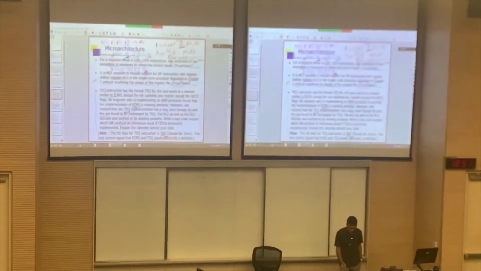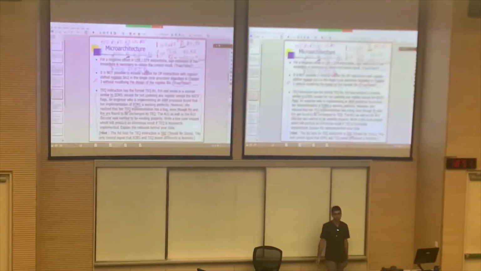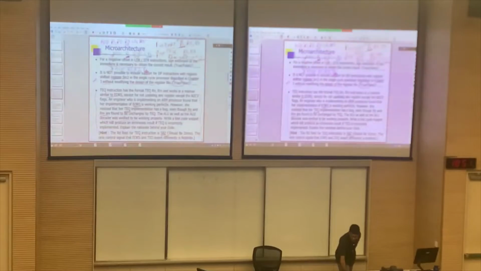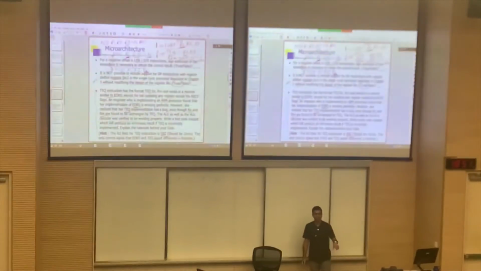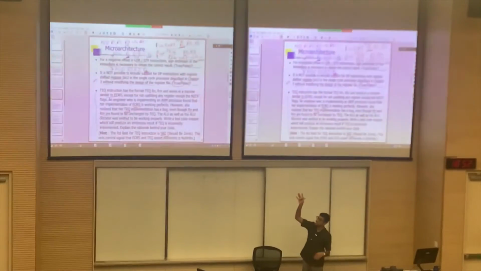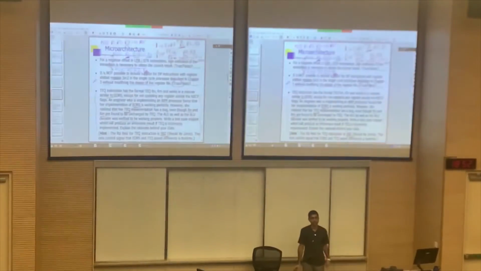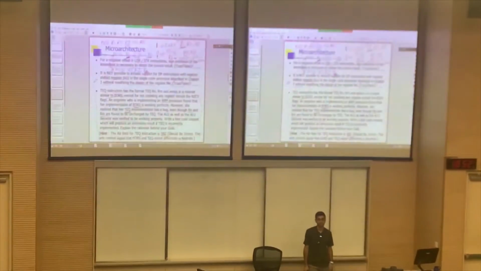So if reg write is 1 for TEQ because the implementation was incorrect, it's not R2 or R3 that gets modified. It is R0 that gets modified. Even though R0 does not appear anywhere in the equation or anywhere in this whole story, you will end up modifying R0 accidentally if reg write is not 0 for TEQ.